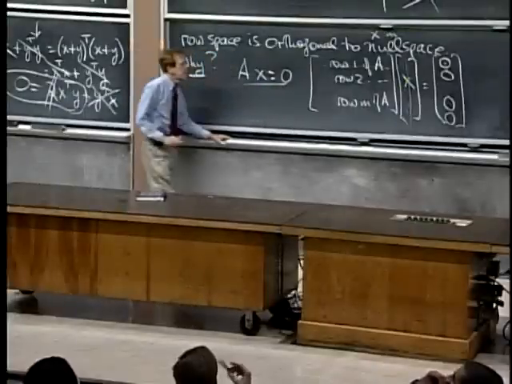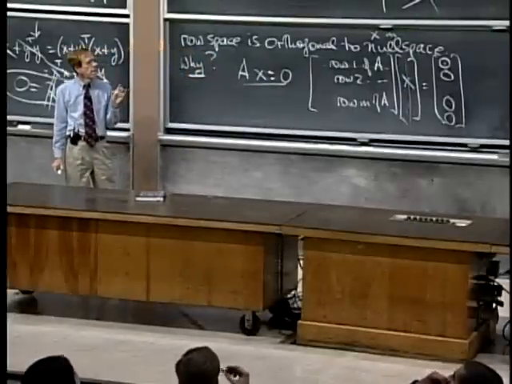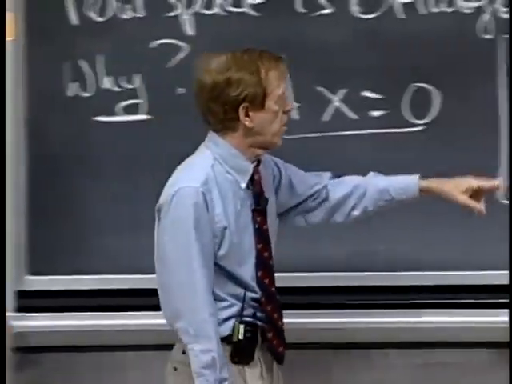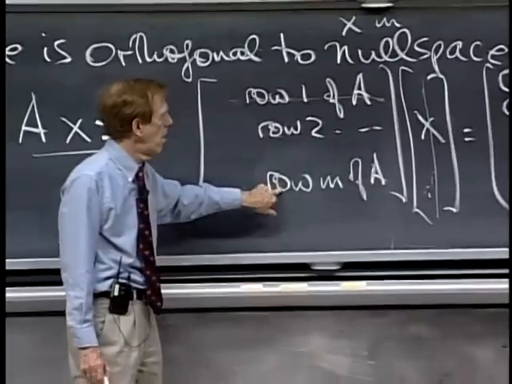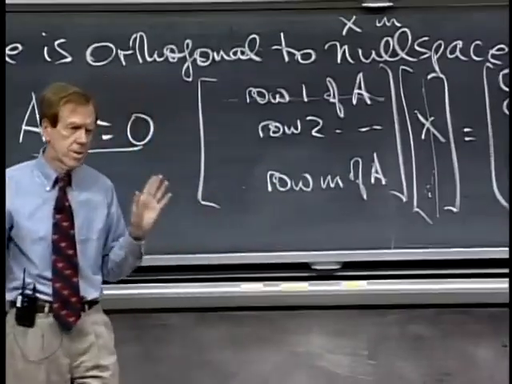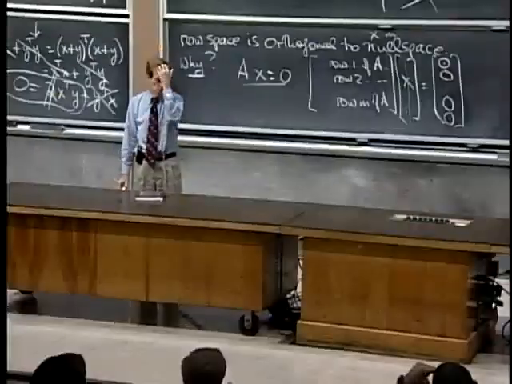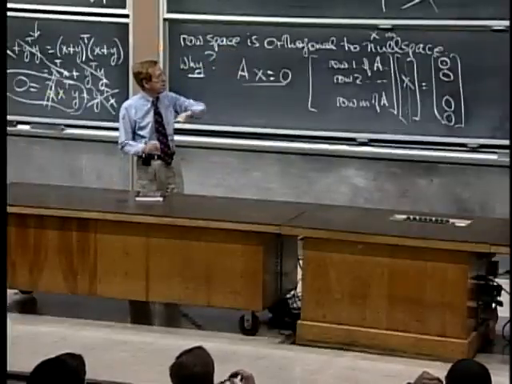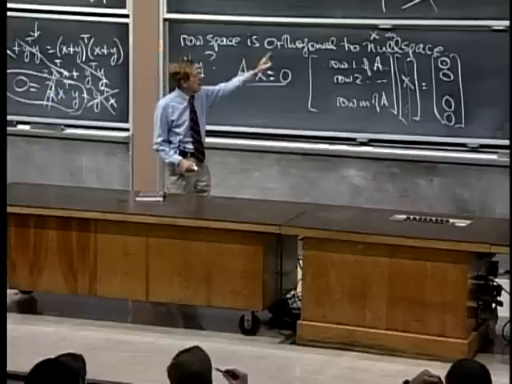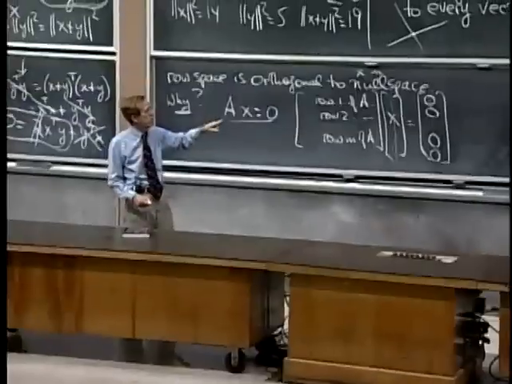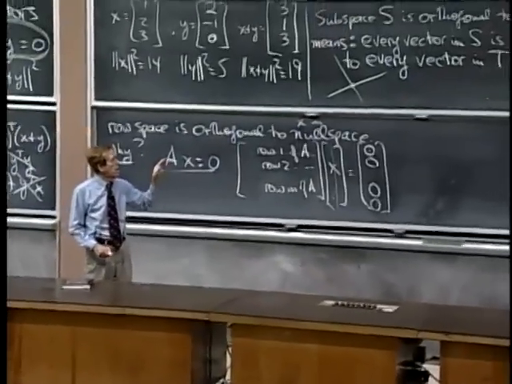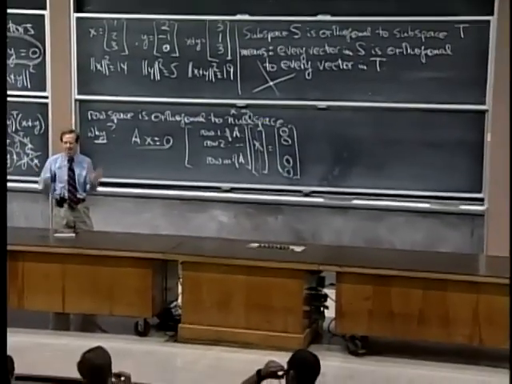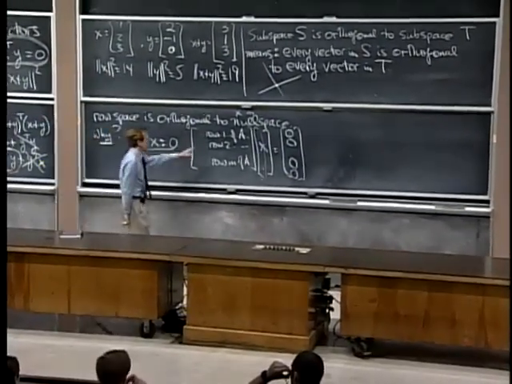And now, to be totally complete here, I've checked that x is orthogonal to each separate row. But what else, strictly speaking, do I have to do? To show that those subspaces are orthogonal, I have to take this x in the null space and show that it's orthogonal to every vector in the row space. So what else is in the row space? This row is in the row space.